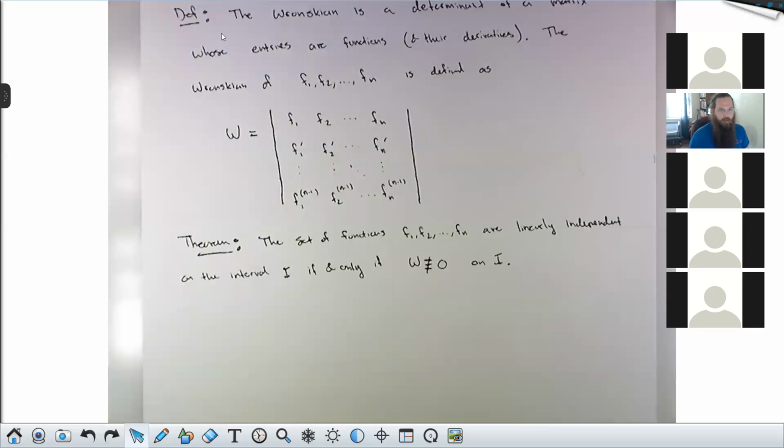So if you want to check if some functions are linearly independent, one way to do that is to calculate their Wronskian and verify that that Wronskian is not 0 everywhere on the interval. If you can find one number on that interval where the Wronskian is non-zero, then automatically your functions are linearly independent. That's nice. That's a hell of a lot easier than trying to say this equation has no solutions, because it's a single equation with n variables. That can be very hard to do.